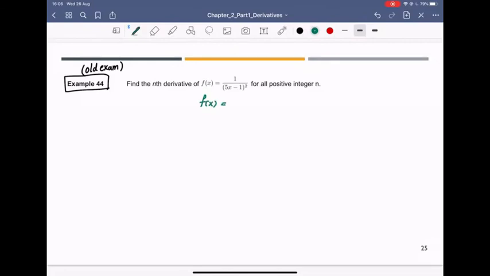I am going to simplify first to (5x minus 1) to the -2, because this is a lot easier to figure out the pattern. So this is f prime of x, which is -2 times (5x minus 1) to the -3 times 5, right?